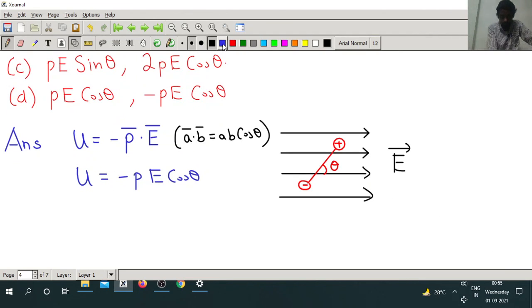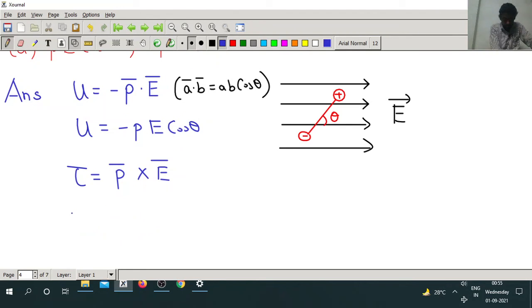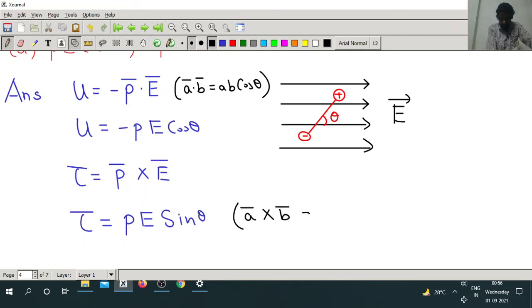Also the expression for the rotational force acting on the dipole, that is torque, is equal to P cross E, that is P vector cross E vector, and that will be equal to P sin theta. So what is the rotational force acting on the dipole? That is P sin theta, because it is a cross product. The cross product of two vectors, A bar cross B bar, is equal to AB sin theta.